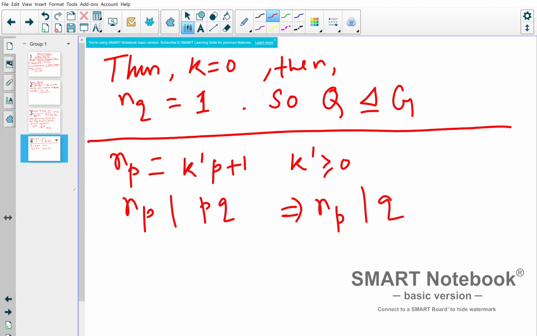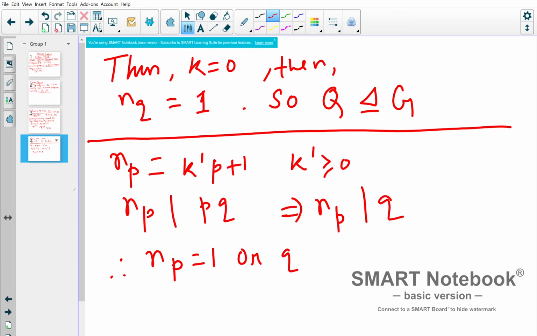I should say nP divides Q, so there are two options. This means that either nP equals 1 or Q, right? Because Q is a prime number, so nP has two options, either 1 or Q.